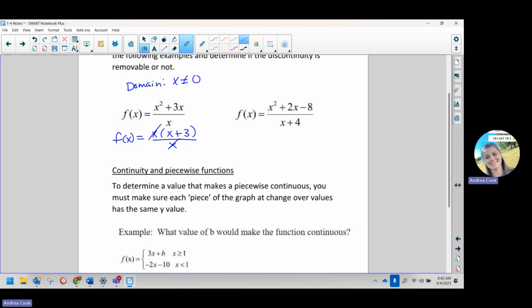When you take a rational expression, if you factor and cancel, the thing that cancels is a hole. So f of x has a hole at x equals 0. So is that removable or non-removable?